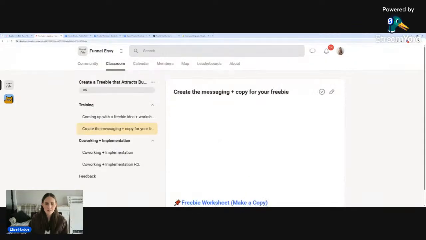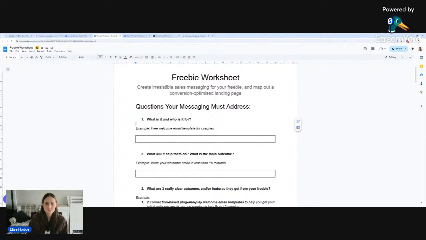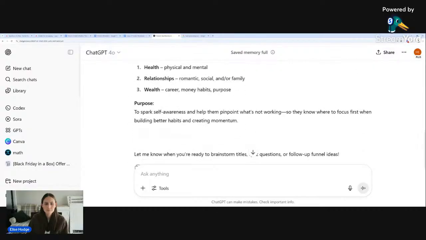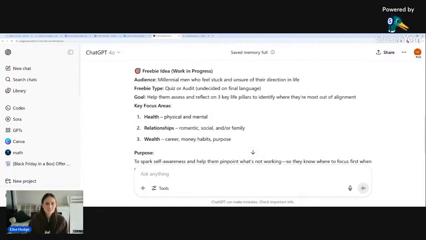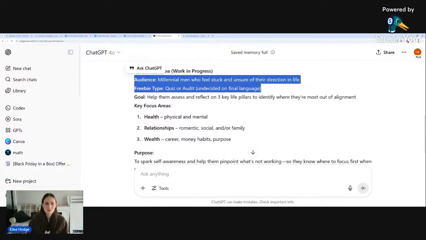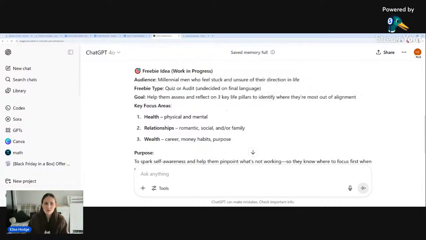If we look at our freebie worksheet, yeah. Help them assess and reflect on 3 key life pillars to identify where they're most out of alignment.